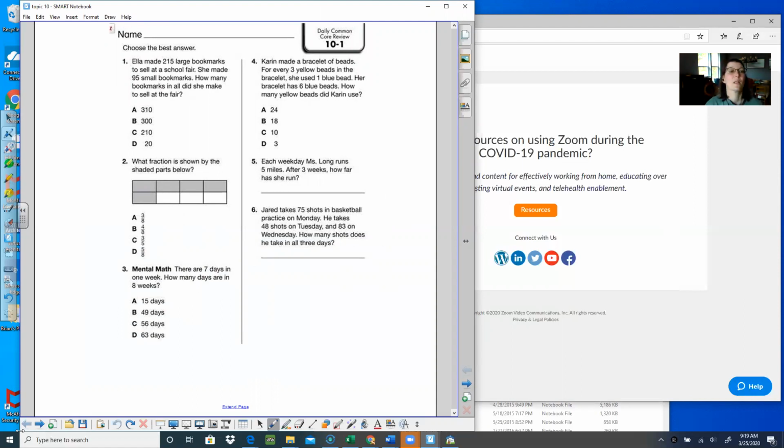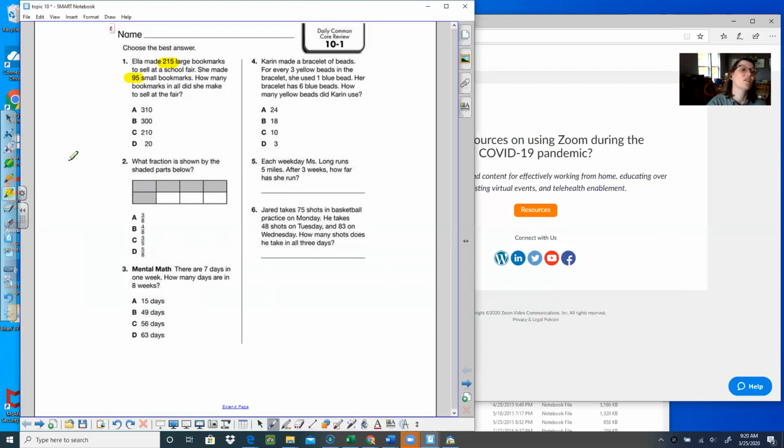Ella made 215 large bookmarks to sell at a school fair. She made 95 small bookmarks. How many bookmarks did she make to sell at the fair? So hopefully you're thinking, I need to identify the important numbers in this. 215 is an important number. 95 is an important number.